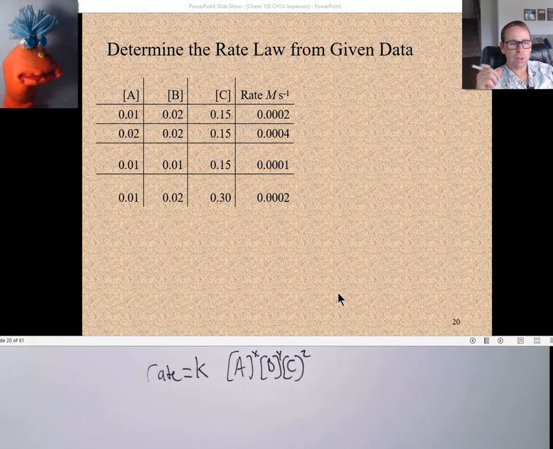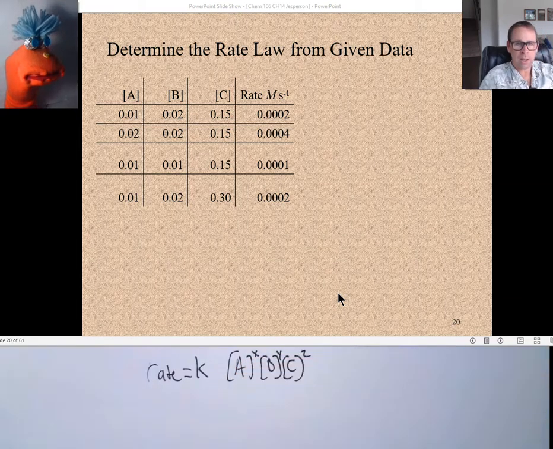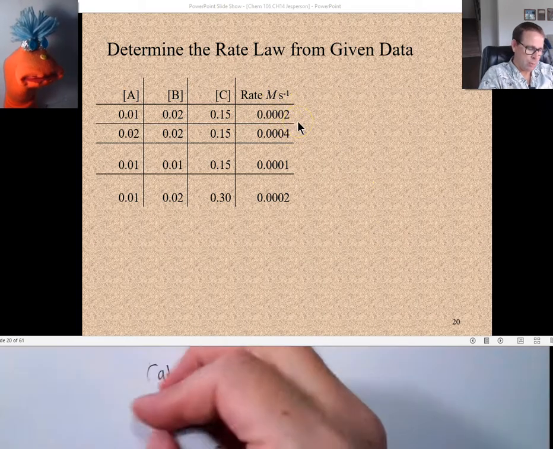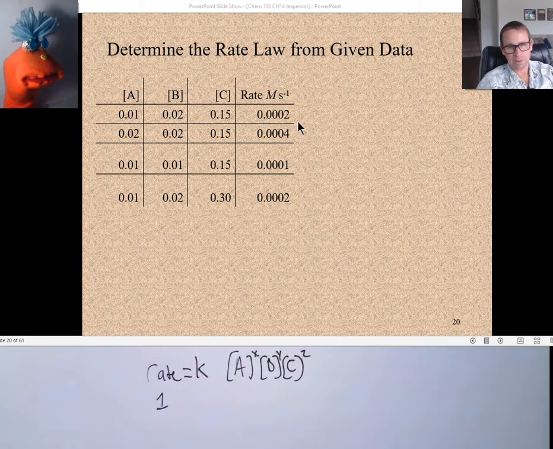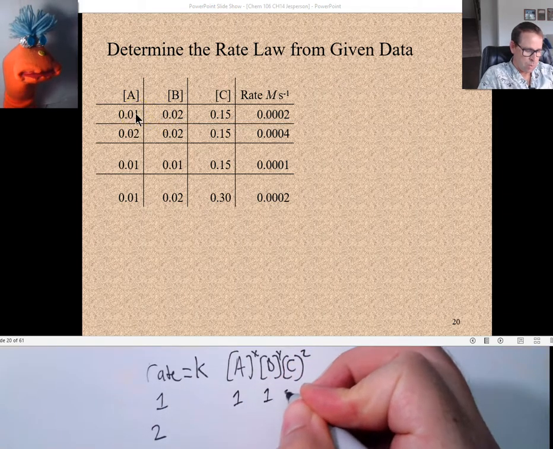No, not 2. Let's take a look at this a little bit closer here. Again, I prefer, instead of writing in these values for rate, to just write in numbers that represent them. So if we said that the rate for the first reaction here is 1, then the rate for the second is twice as fast, right? The concentration for the first one of A, let's say that's 1, and let's say all of these are 1.